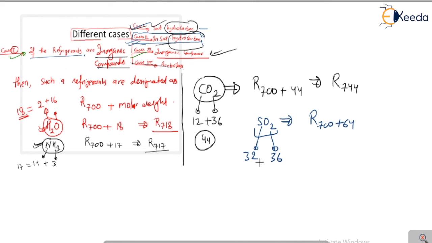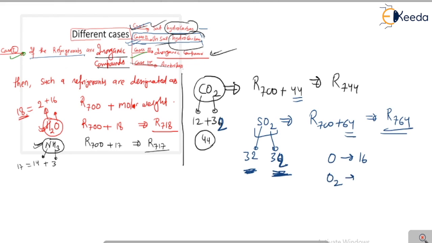My dear friends, 32 plus 32 is 64, because the molecular weight of oxygen is nothing but 16.